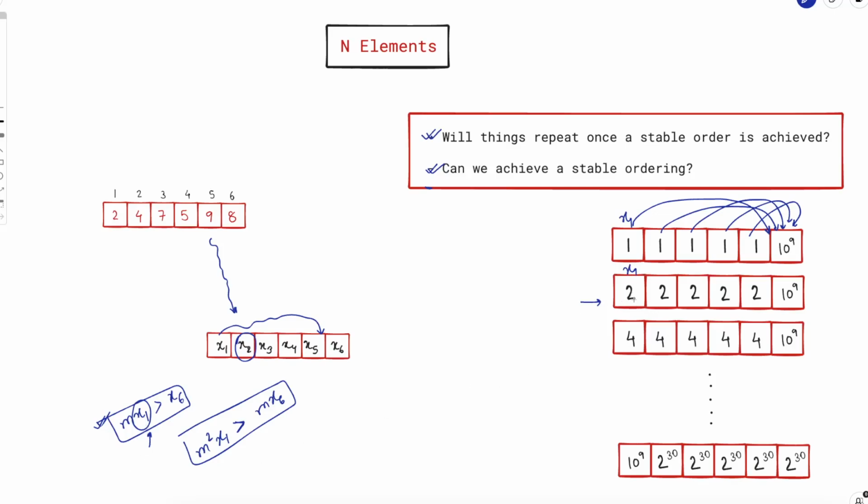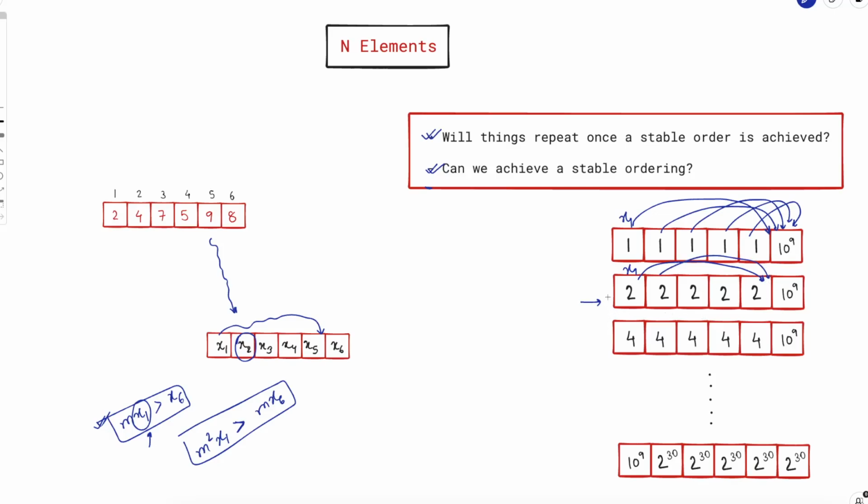But x1 has increased. See, previously x1 was 1, but now x1 has increased to 2. So we'll again apply another iteration or another operation, and you will get 4 and reach somewhere here. Again, do that operation, reach somewhere here, and so on and so forth.